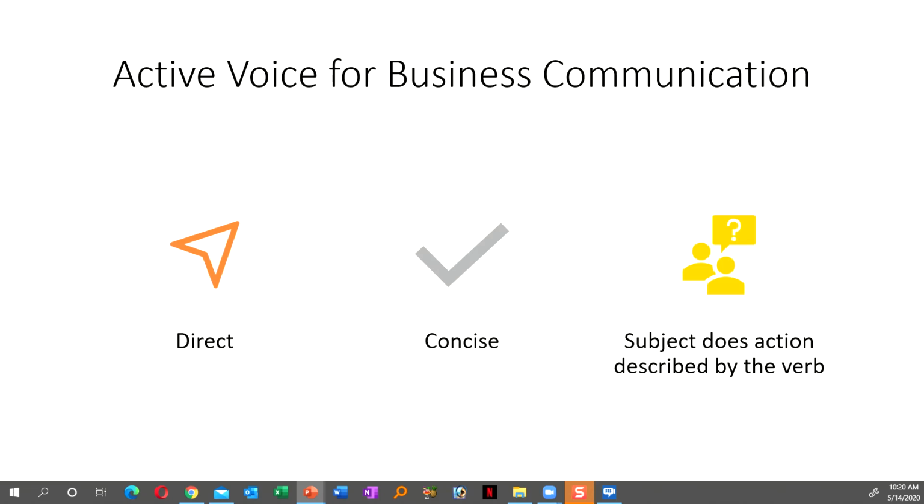So you need to be direct, concise, and also the subject does the action described by the verb. As simple as that, we might say, well, all verbs will describe the action. Not necessarily. And we'll get to that in a couple of slides, and you'll see what I mean by that.